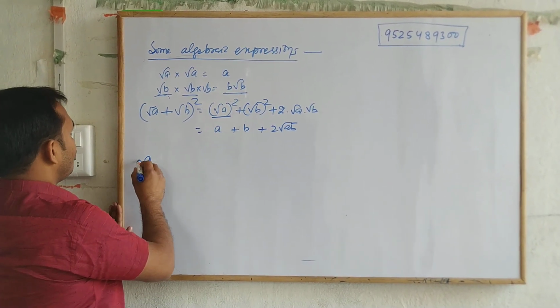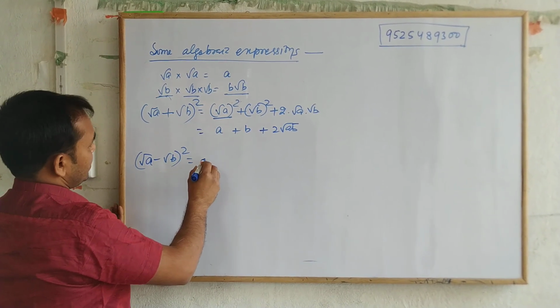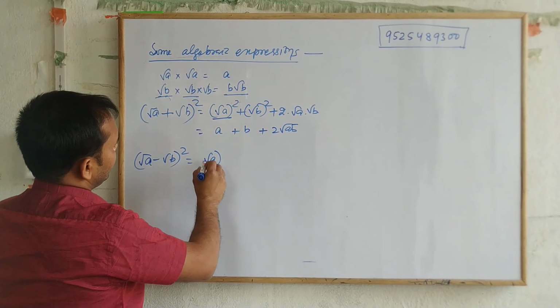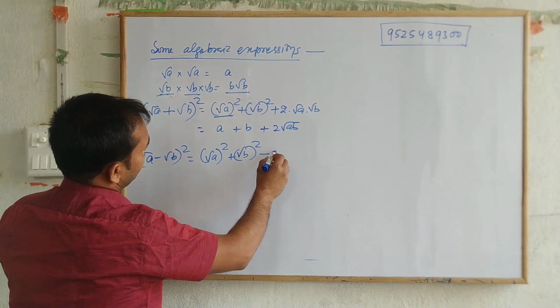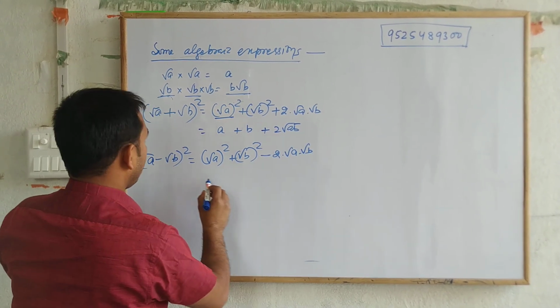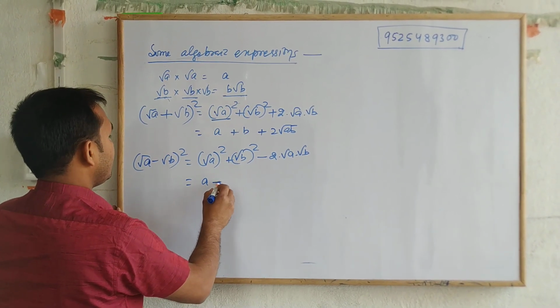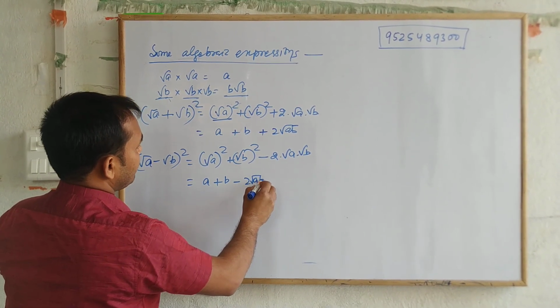Similarly, root A minus root B to the whole square is equal to root A to the whole square plus root B to the whole square minus 2 into root A into root B, which is A plus B minus 2 root AB.